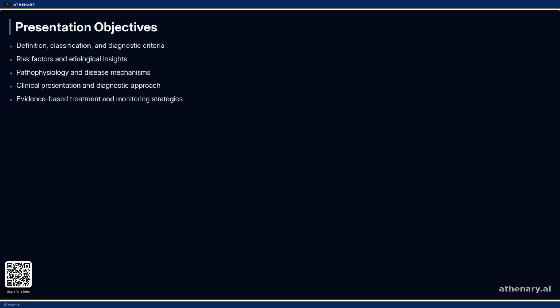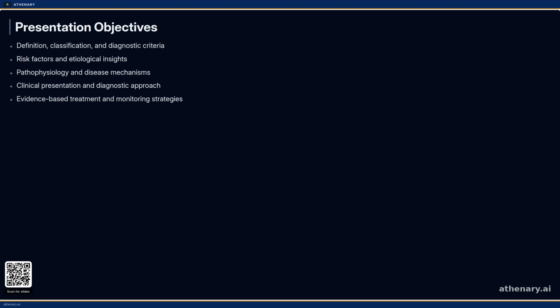Of course, this pathophysiology translates directly into the clinical presentation. The signature symptom is the thunderclap headache, a severe, sudden-onset headache that demands immediate attention. We'll detail a systematic diagnostic approach, using imaging like CT angiography to identify the characteristic multifocal, string of beads appearance of the arteries.